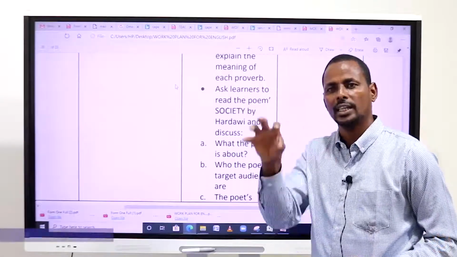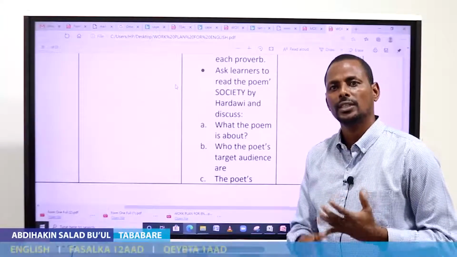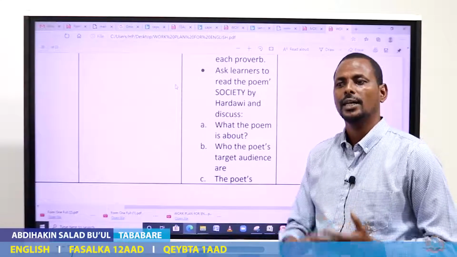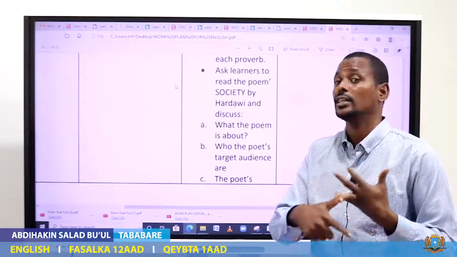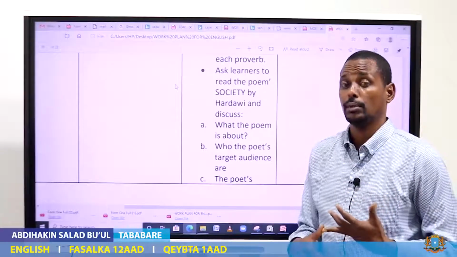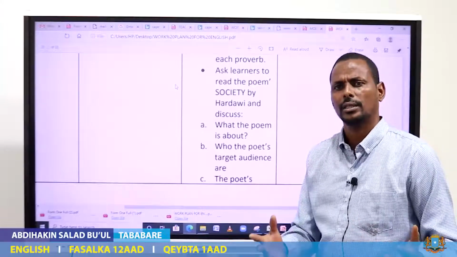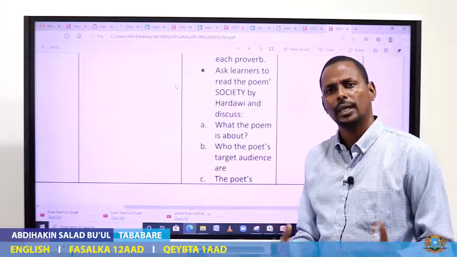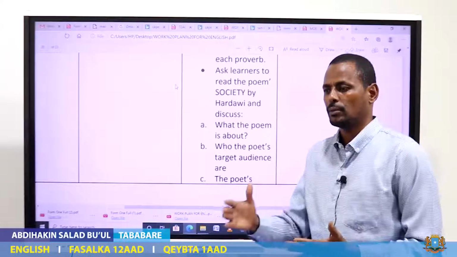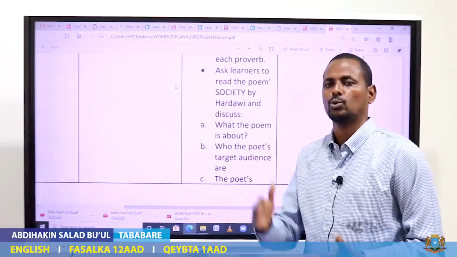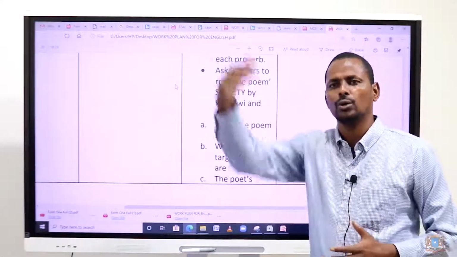Because analyzing a poem, the student is going to analyze the poem in terms of setting, and thematic analysis in terms of themes. What are the messages carried in the poem? Theme simply means the main idea. One poem can have many themes, but there are main themes and minor themes. You know, when a poet wants to write a poem, there is something in his mind that he wants to share with the audience.